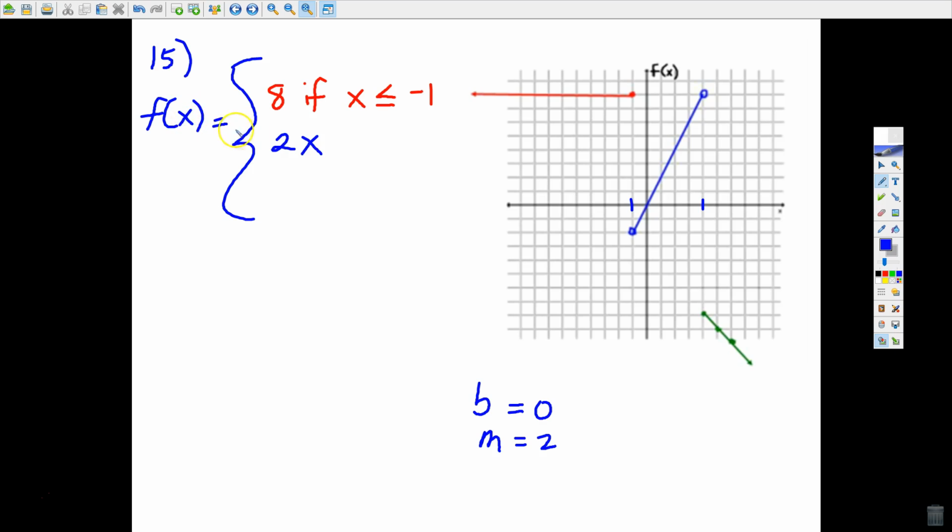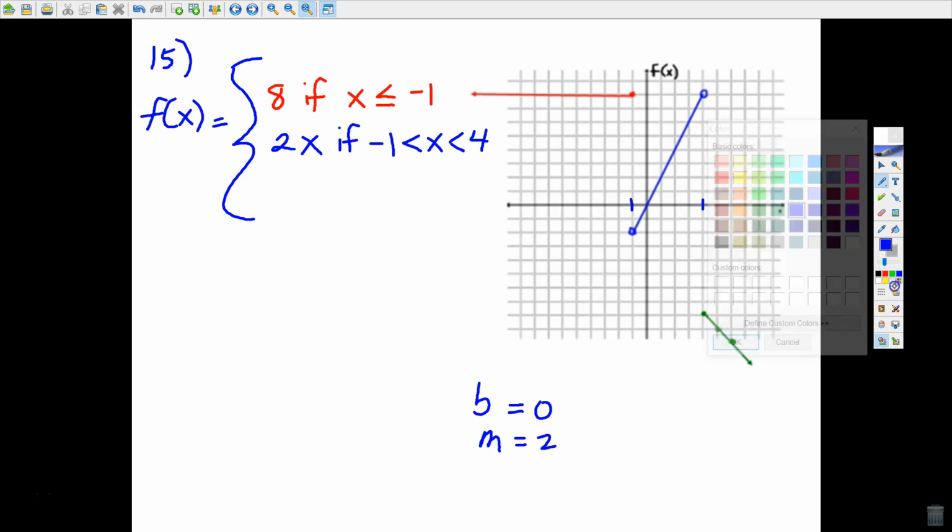It's the line f of x equals 2x, but only if I'm going to show the numbers between negative 1 and positive 4. And notice since these are both open circles, I'm not going to say or equal to. All right. Red piece done, blue piece is done. Now let's work on the green.